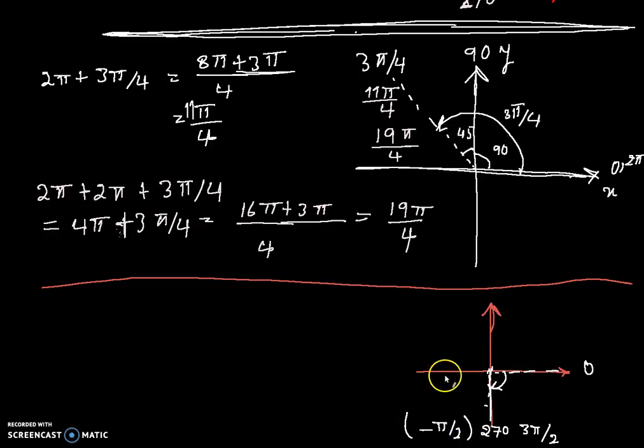The negative sign specifies whether you moved in the positive direction, counterclockwise, or in the negative direction, clockwise. Based on that you can calculate different angles. Thank you for watching. I'll see you in the next video.